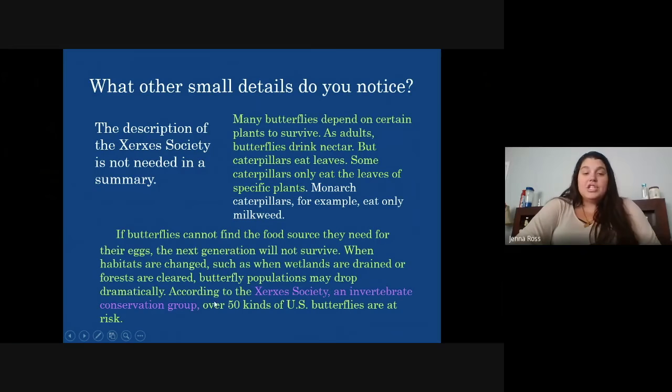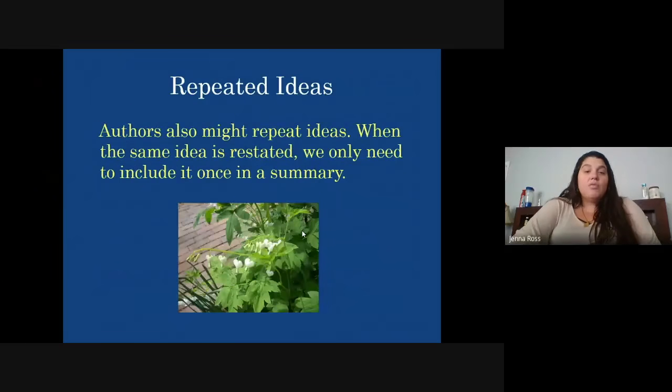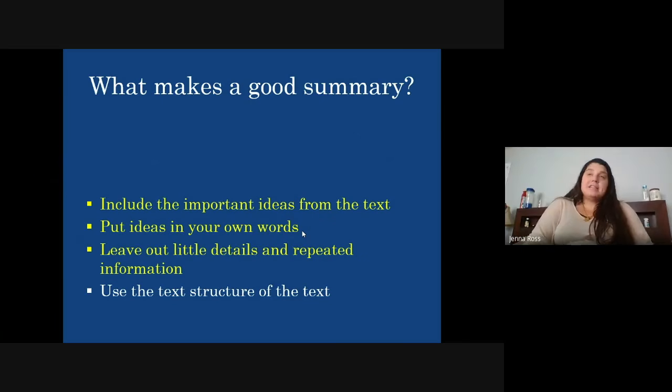The important information is that 50 kinds of butterflies are at risk, okay? And then repeated ideas. There might be something that the author says a couple times. We don't need to include it 2 or 3 times in our summary. We can just say it once, okay? And then the last part, using the text structure of the text.